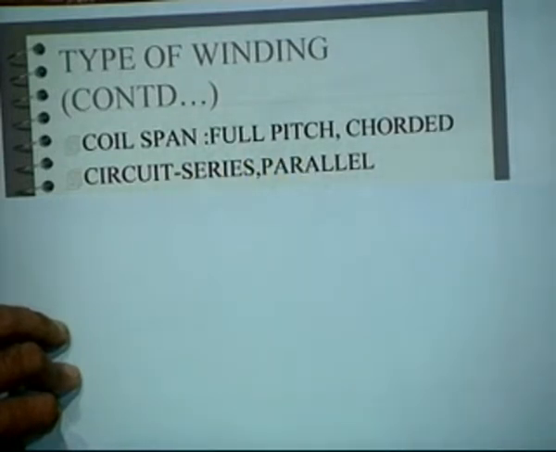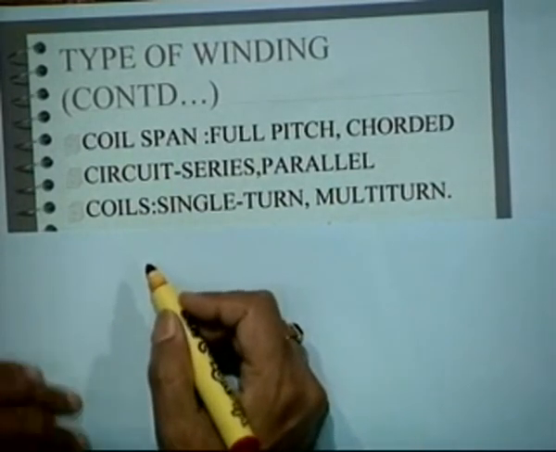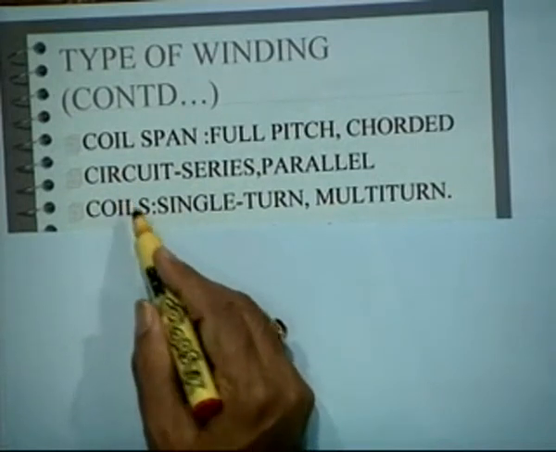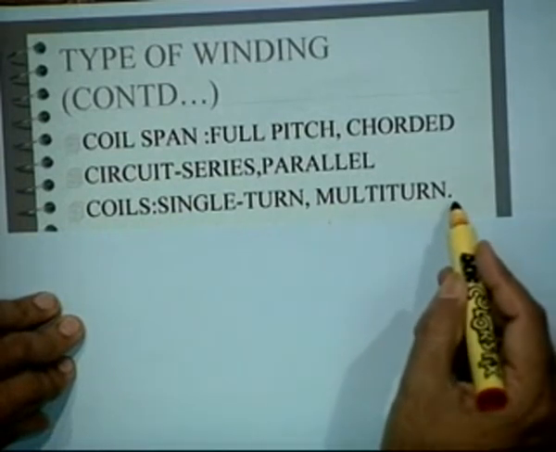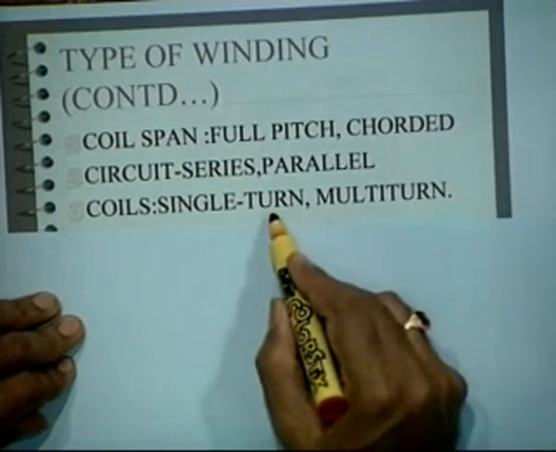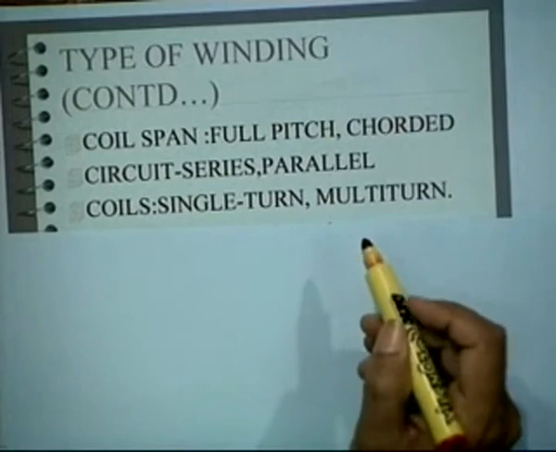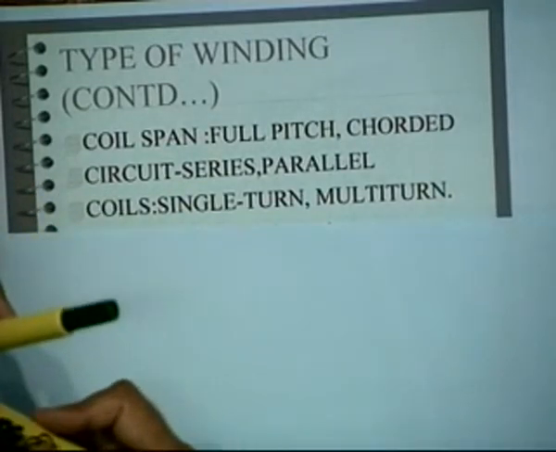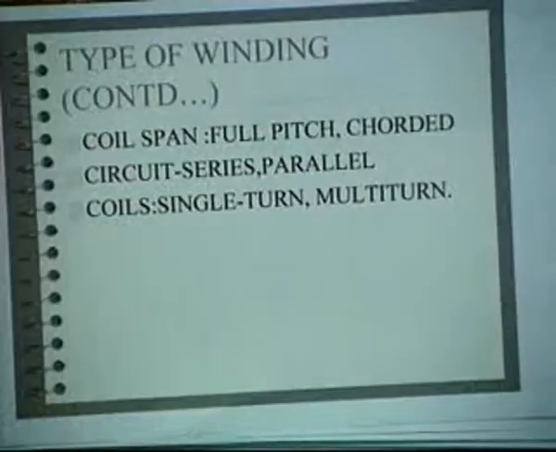Then the type of coils will be single turn coil or a multi turn coil. So these are the varieties. You may appreciate that while making the windings, there are several factors one has to take into consideration: type of slots, type of end windings, number of turns, and whether series, parallel, star or delta. So all these factors come into picture in the making or designing of the windings.